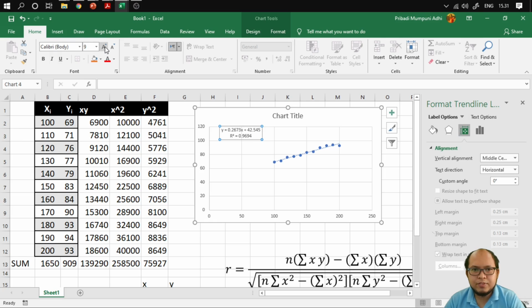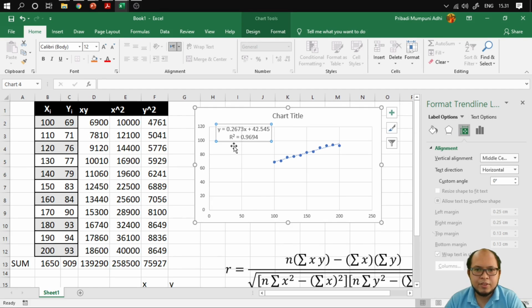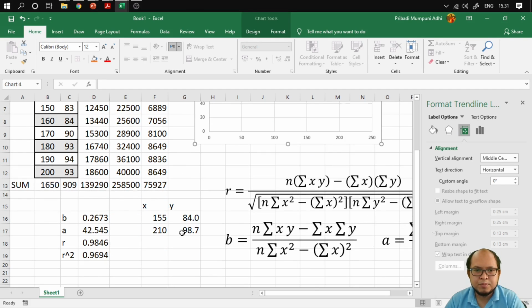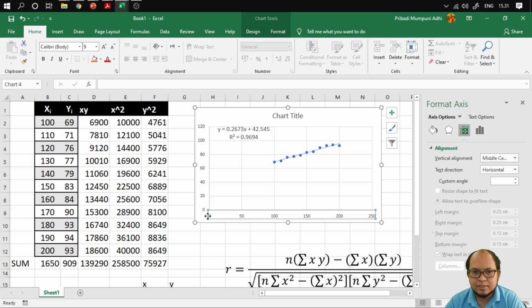So we will have the same value as this value. Or if we don't want to start from 100, we can make it shorter from 90.